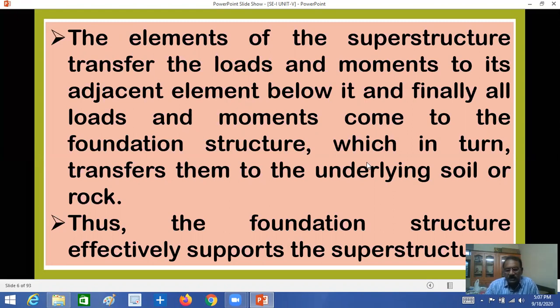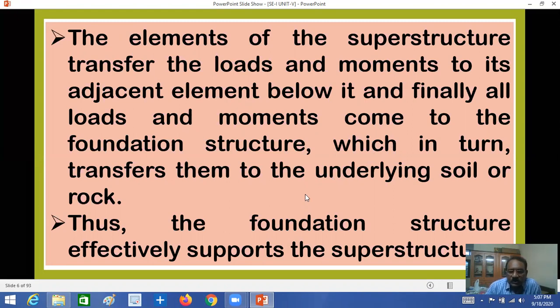You may construct on rock, hard murram soil, or loose, weak soil. Depending upon the soil, we go for different types of foundations, and this foundation structure effectively supports the superstructure.